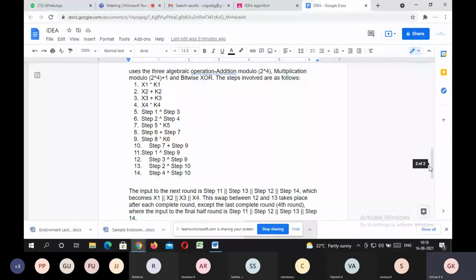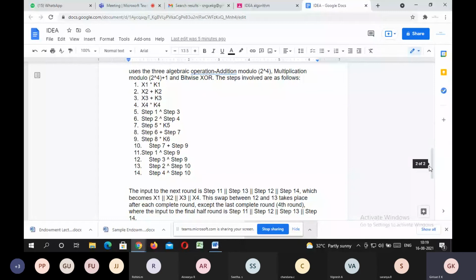Then the 13th step is the result of step 2, modular addition of X2 and K2. X2 is plain text, K2 is key, both are 4 bits. The result of step 2 is XORed with the result of step 10. Again, the last step is the result of step 4 XORed with the result of step 10.